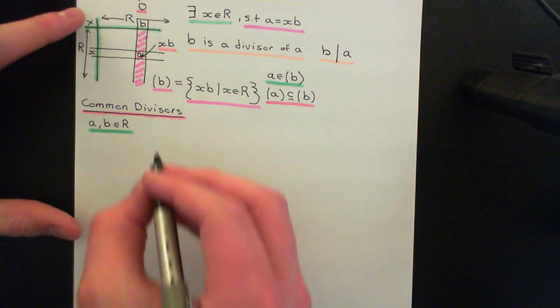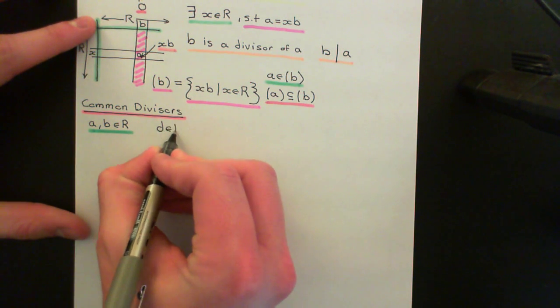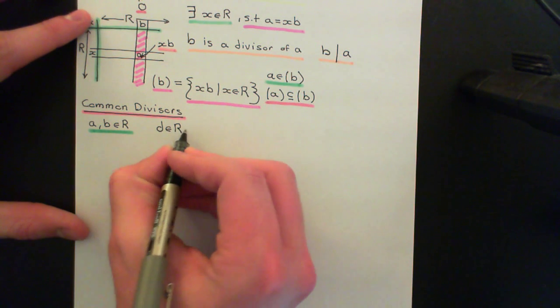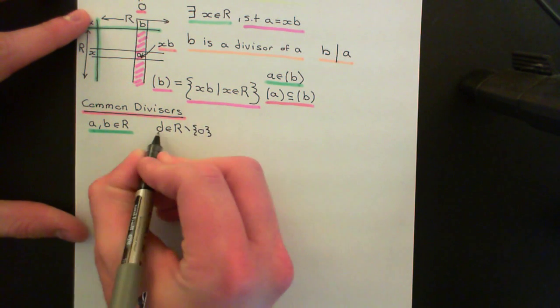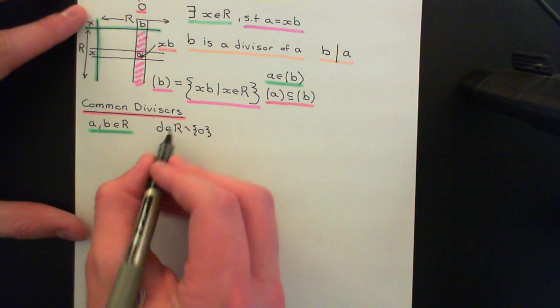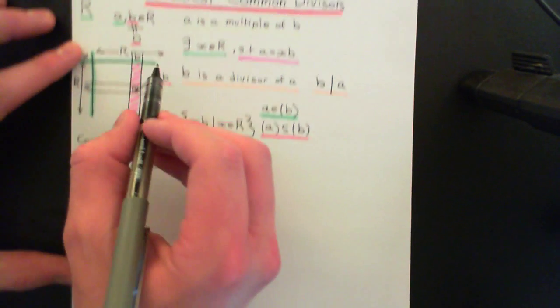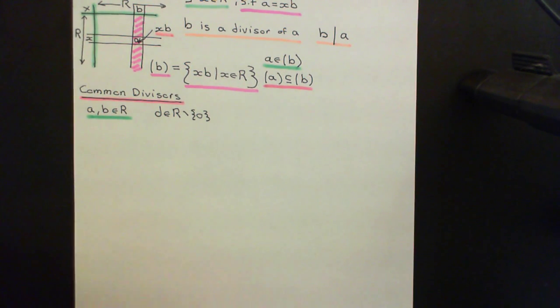So a common divisor, which I will now call D, is some element of the ring, capital R, which again will not be the 0 element, so I'll subtract the 0 element. Remember the divisor always is not the 0 element. So this is our divisor, this is effectively equivalent to what B was before, so I'm saying it's not going to be equal to the 0 element.